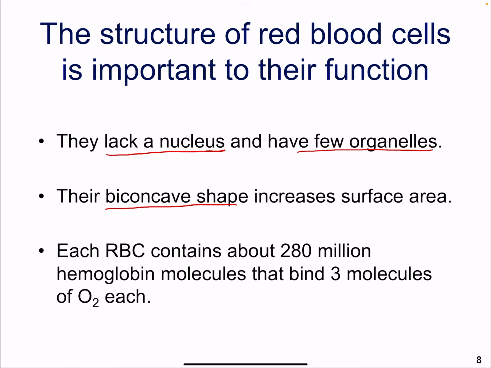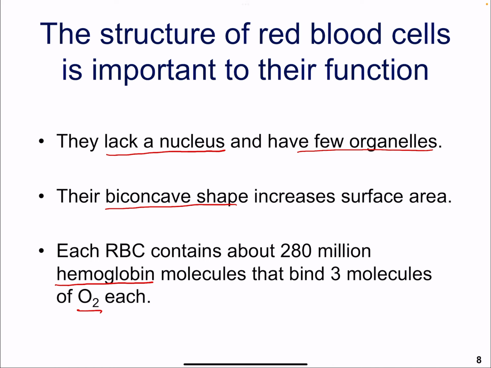Each red blood cell is going to contain a particular set of globulins that are called hemoglobin. That hemoglobin is responsible for carrying oxygen and carbon dioxide.